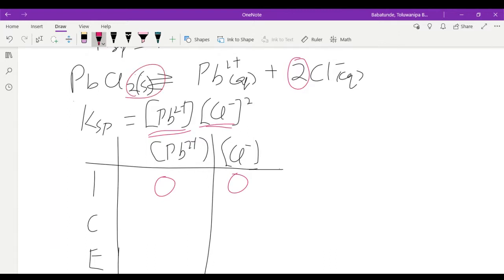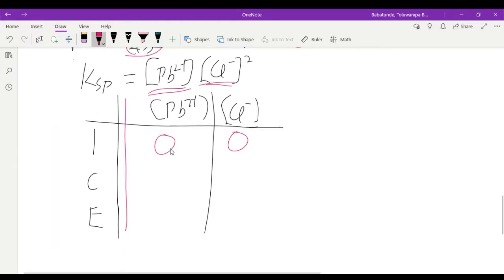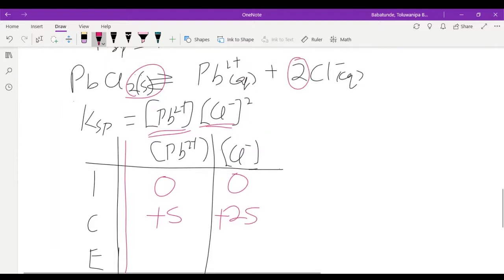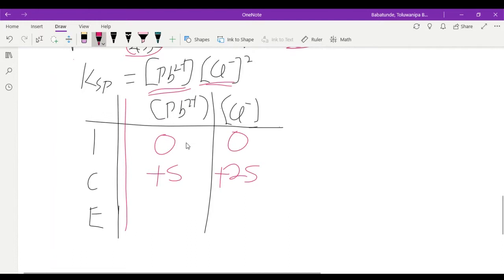We do not include the solid, so that is why we do not have anything on the reactant side. So this is going to be positive S, and this is going to be positive 2S, because we have 2 chloride ions. So the equilibrium concentrations are S and 2S.